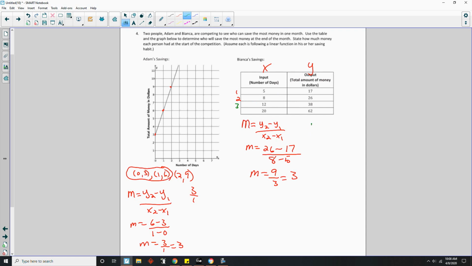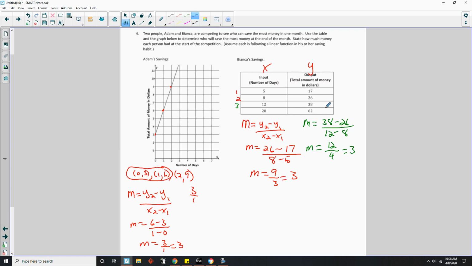So m equals, now my y2 is 38, my y1 is 26, divided by x2, which is 12, minus x1, which is 8. So that is going to give me 38 minus 26, which is 12, divided by 12 minus 8, which is 4. So that is going to equal 3 as well.